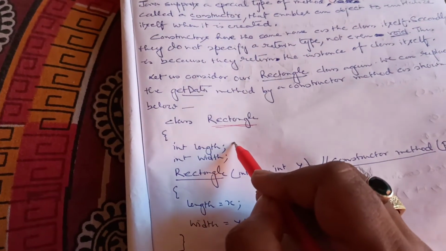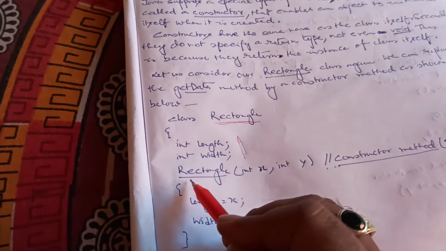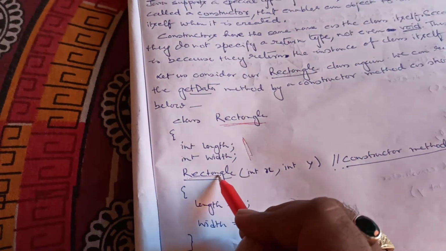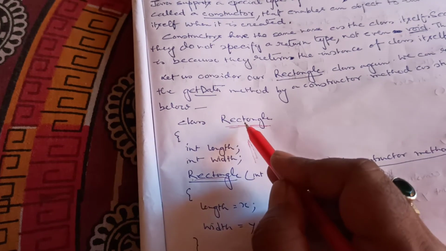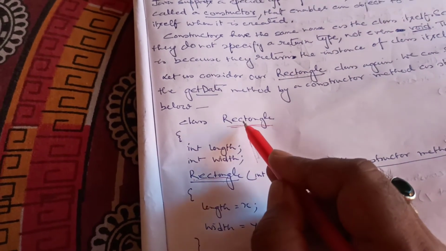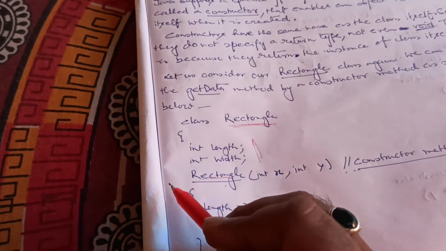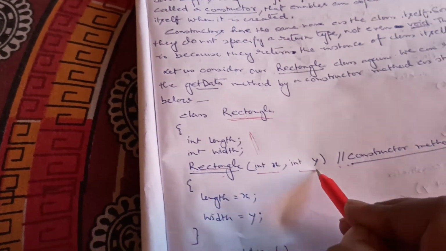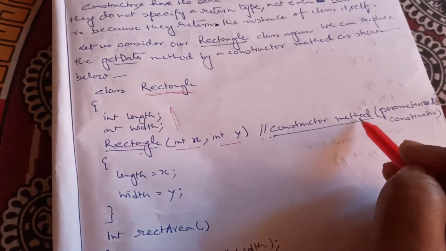It has the member variables length and width, and it has a method which is known as the constructor Rectangle. Why is the name Rectangle? Because for a constructor it is the same as the class itself, and you can check that there is no return type, but it has two parameters x and y.